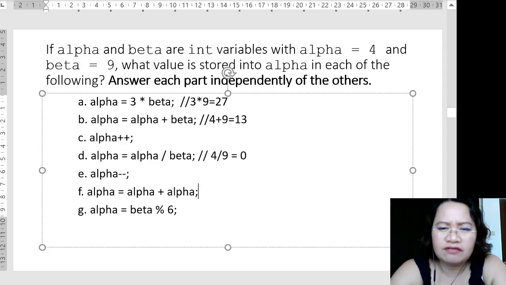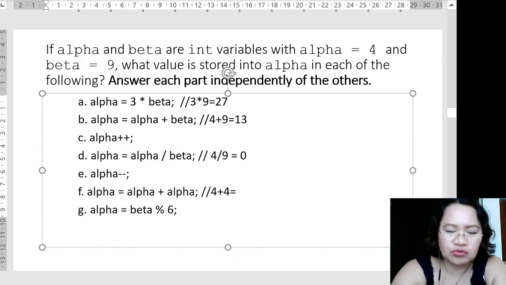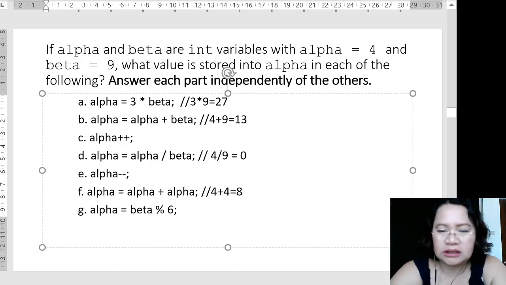Next, you have alpha gets alpha plus alpha. So this is 4 plus 4. Alpha will then be updated to the value of 8. And then this one, alpha gets beta modulo 6.